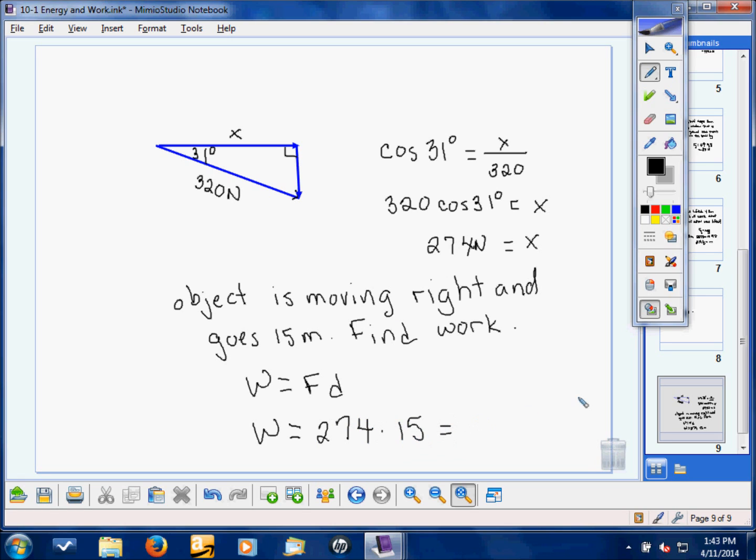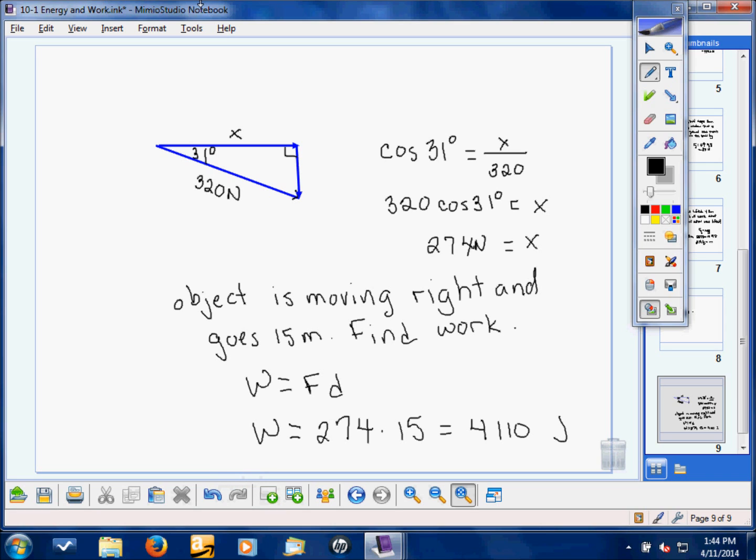So 274 times 15 gives us 4114, or 4110 for the rounding, joules. Now there is a little shortcut to that equation without having to do it in two parts.